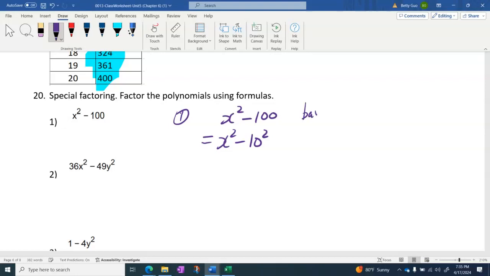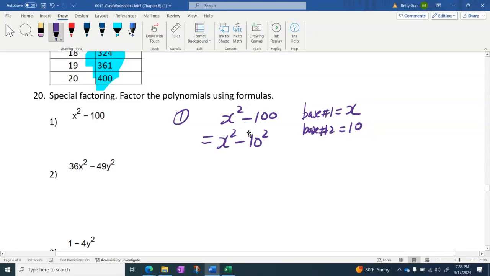So the first base is x. The second base is 10. Do you see that? First base x squared minus second base 10 squared. So this binomial is a difference of two squares. Please remember the name is difference of two squares. So by the formula, we are able to factor this as parentheses times parentheses.